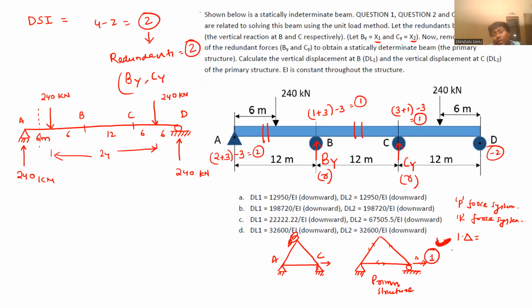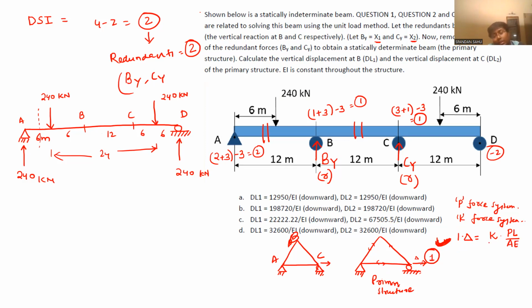Due to this 1 unit load, what are the reactions generated at each and every member? That will be given by the K4 system. Correct? And due to external loads, there will be compression and elongation of the axial members, which is given by PL by AE.